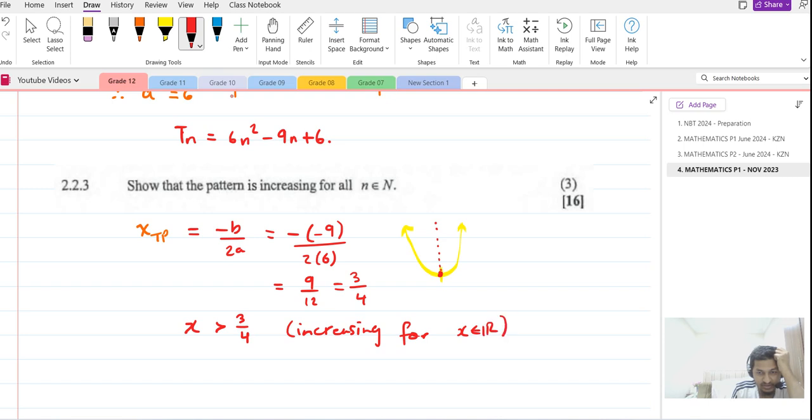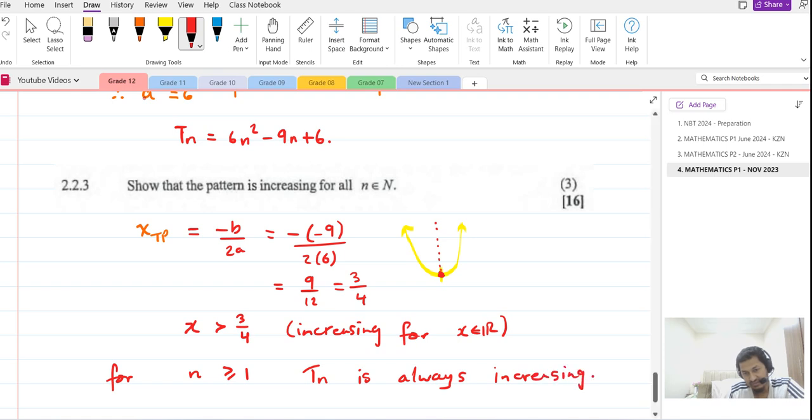So this implies if you want to find the first natural number after this, we're going to say for x greater than or equal to 1, any value after this point here. So we should say n, for n greater than or equal to 1, Tn is strictly increasing, always increasing.